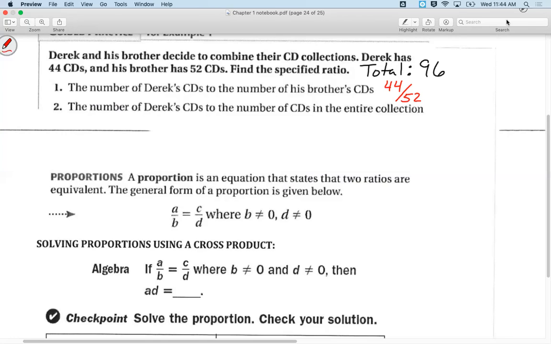What can that be reduced to? 52 is a trick. Maybe you could do 26. It is 26. 22 over 26. Can we reduce that? Could you do 11 over 13? You can. 11 over 13.